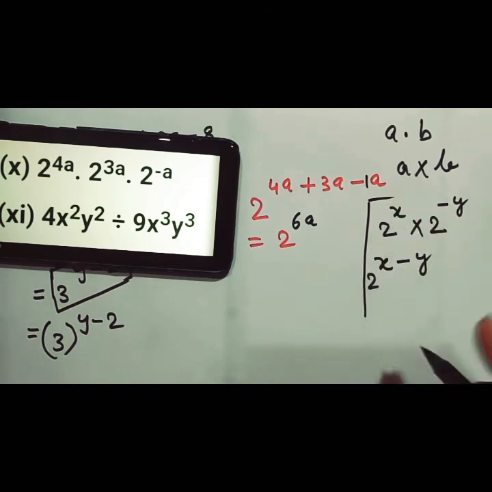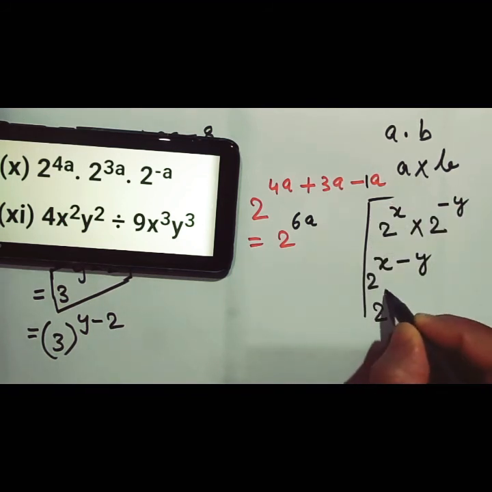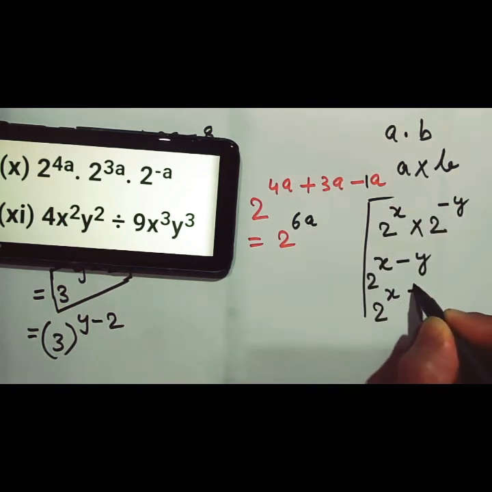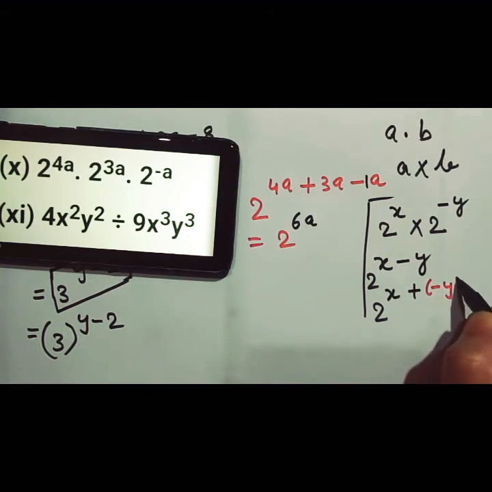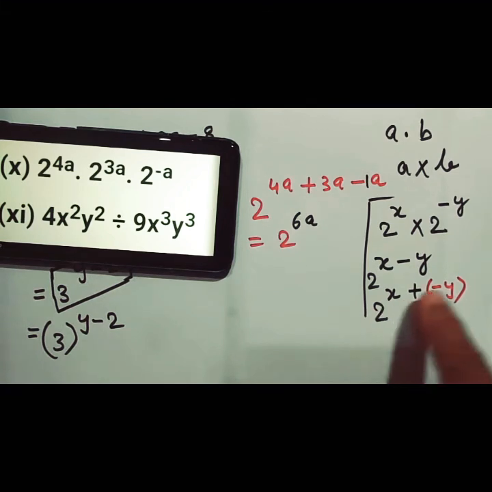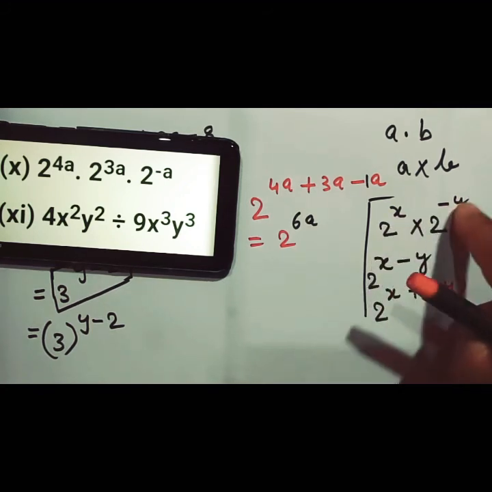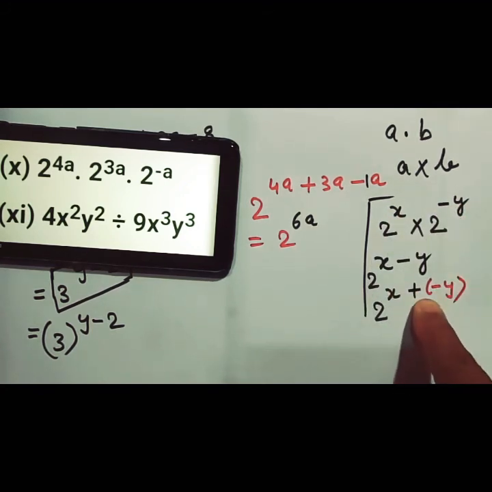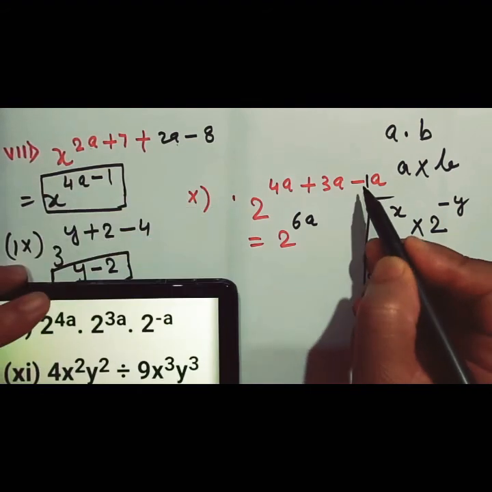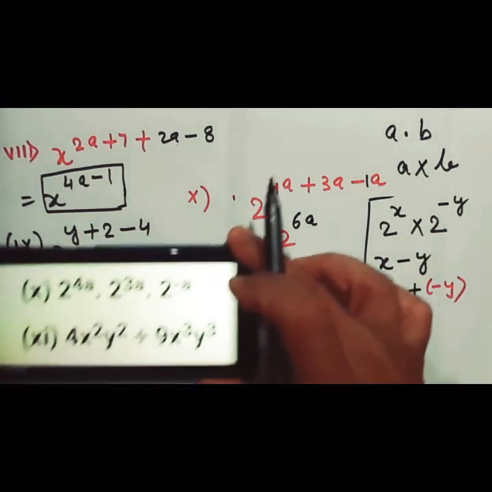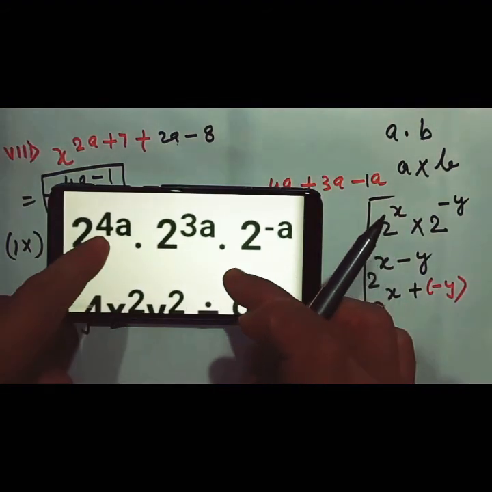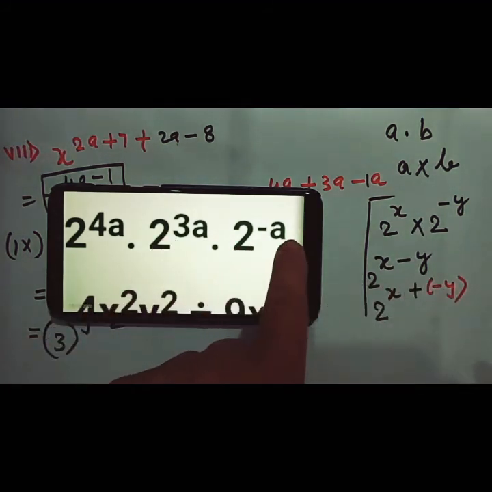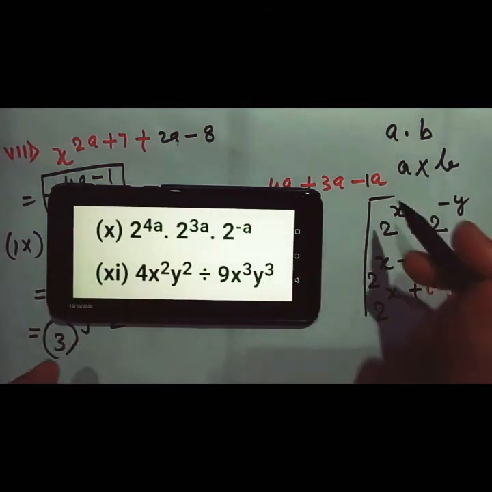We are adding the exponents as 2 to the power x plus minus y. Clear? Hence you shouldn't think that we are subtracting. We are adding over here. That is what we have done when we got a problem like this, 4a plus 3a plus minus a, which became minus a.